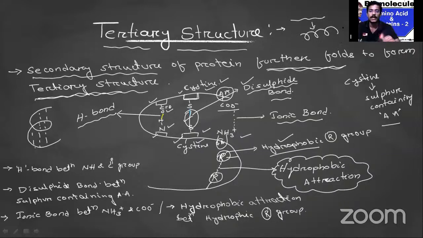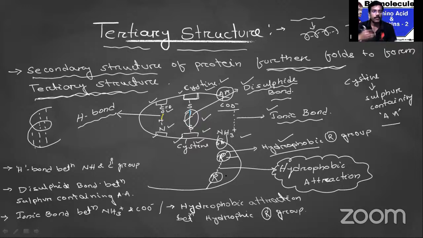It makes the alpha helix, and when there is formation of other bonds between them, it will further coil and look just like this. Further attraction between the different amino acids will occur, which may be due to the hydrogen bond, the disulfide bond, the ionic bonds, or the hydrophobic attraction between the R groups.